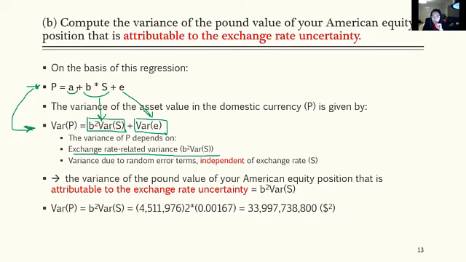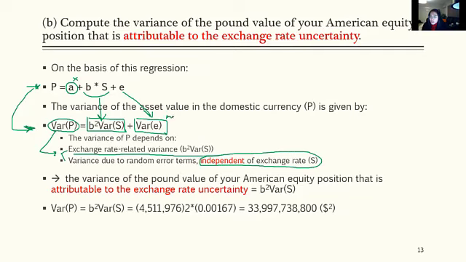Now, why do we ignore the constant term? By definition, this is a constant, so it doesn't really change. So we don't have to worry too much about its variance, okay? So with this variance formula, we've got two components. The first one is an exchange rate related variance. And the second is a variance of the error term. And this should be independent of exchange rates, okay? Because this is an error term, yeah?